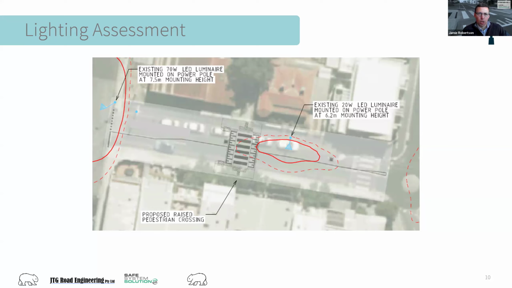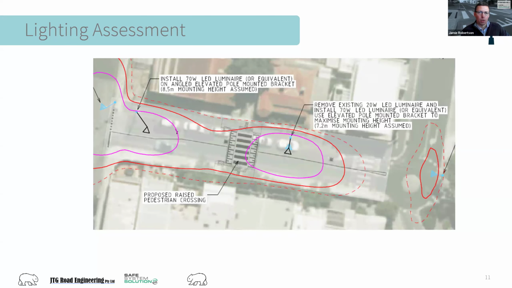Lux contours are generated, and those contours will represent critical lux values according to the chosen lighting category or subcategory. These plots allow us to check whether or not the required lighting levels are achieved over the design areas. In this case, you can see the location of a proposed raised crossing where lighting is quite substandard and improvements are required.